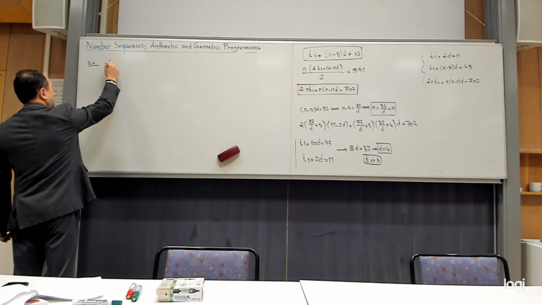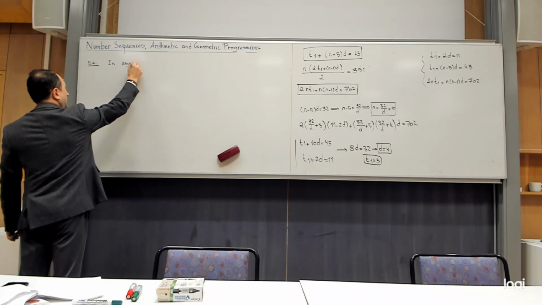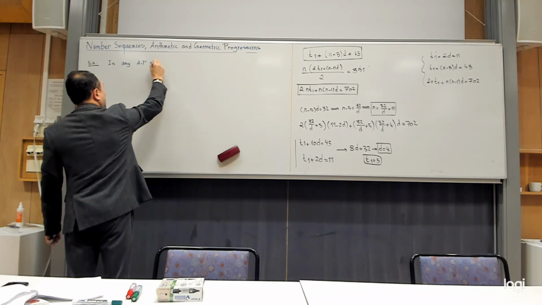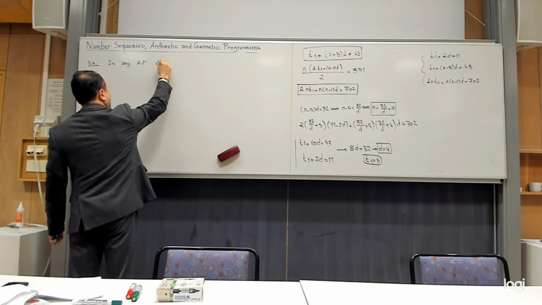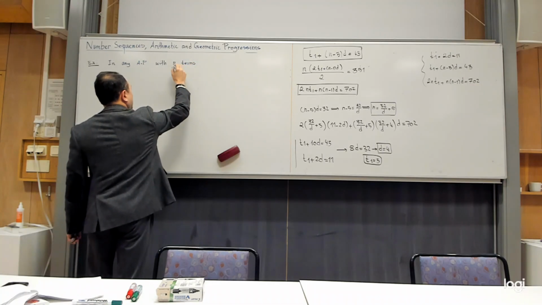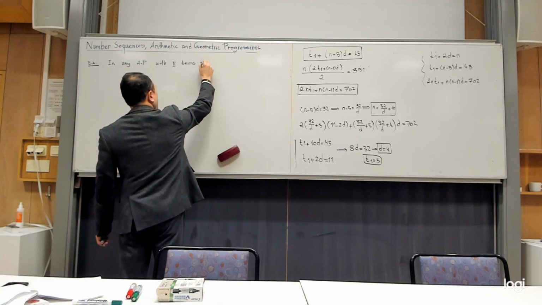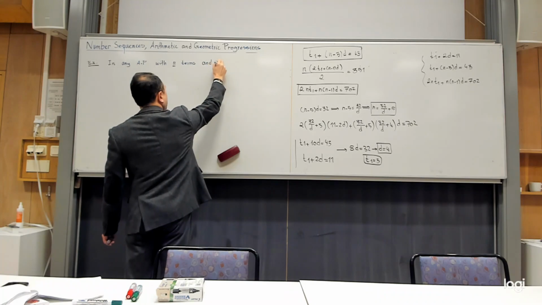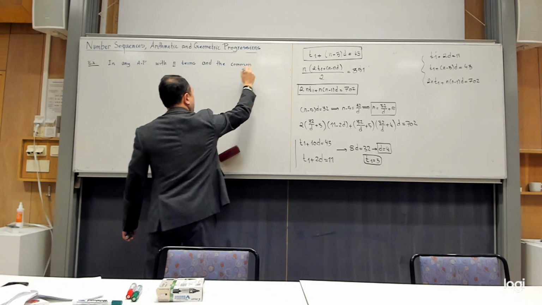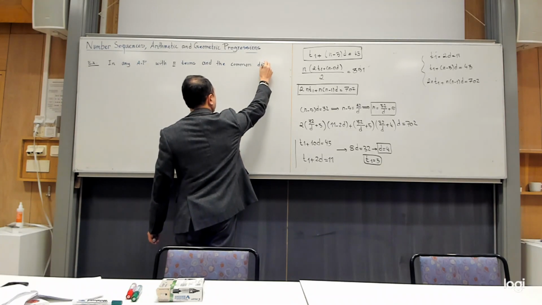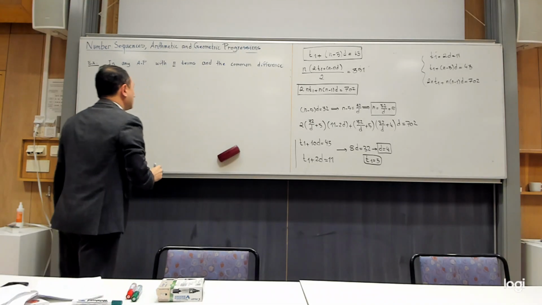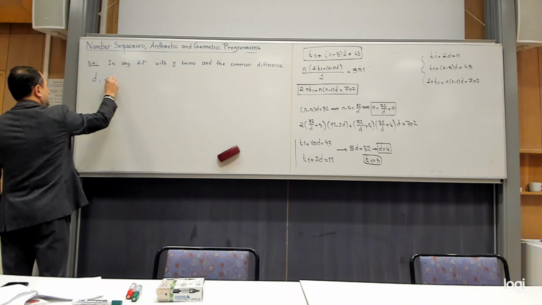In any arithmetic progression with n terms and the common difference d, show that.